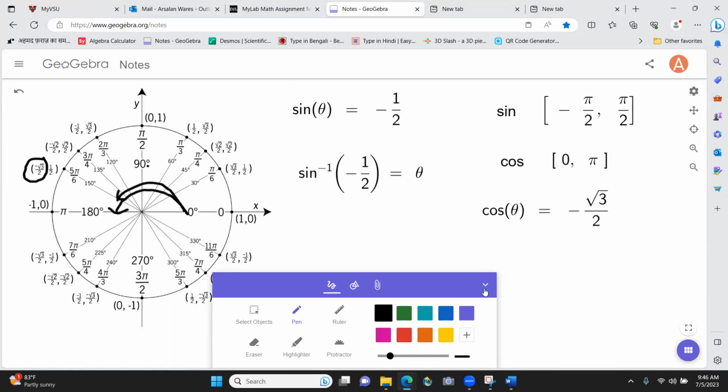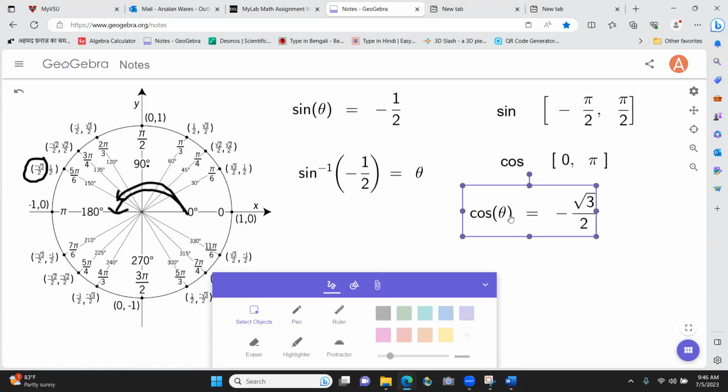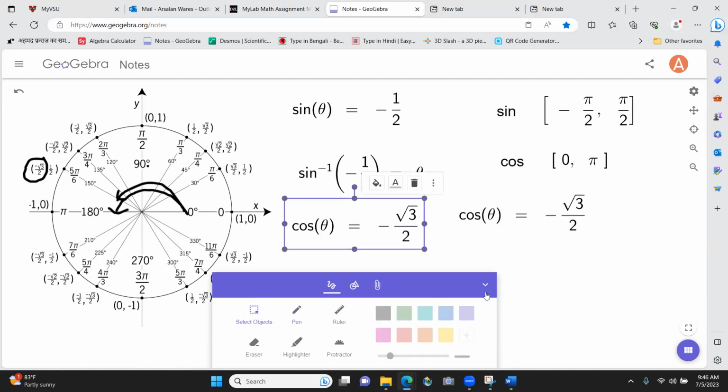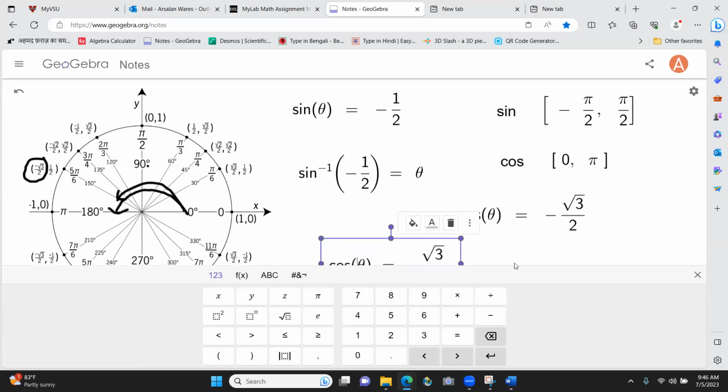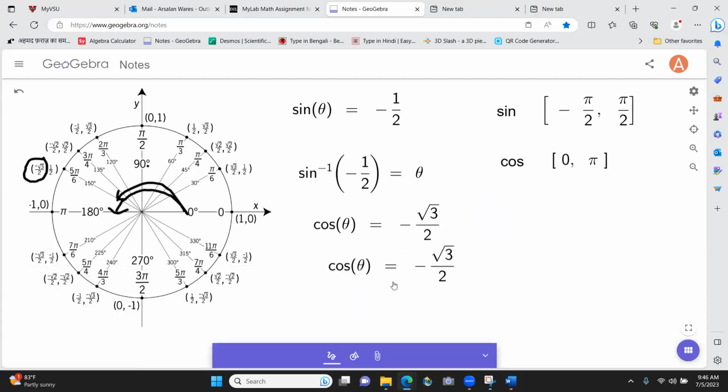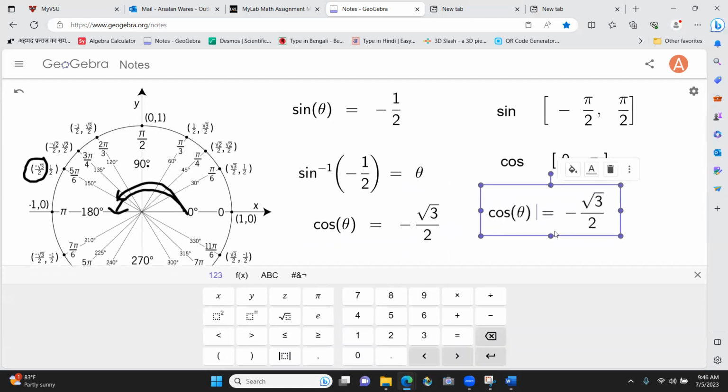But they're not going to say it like this. They're going to say it like this. They're going to say cosine inverse, let me write it nicely.